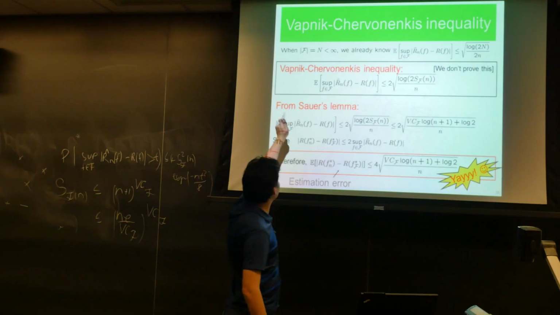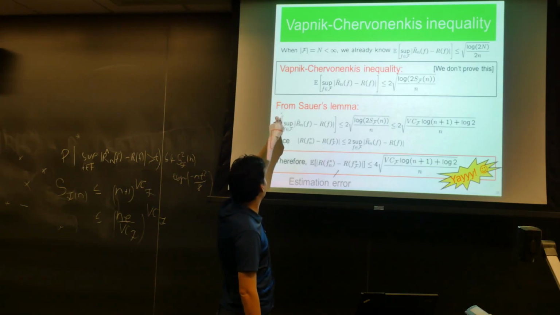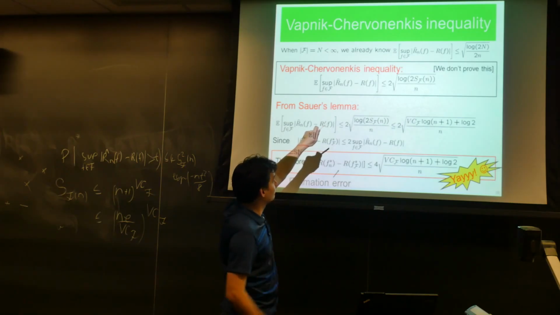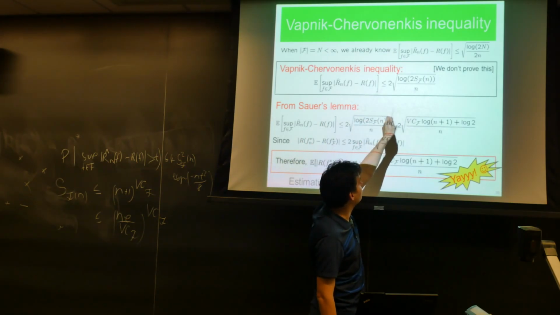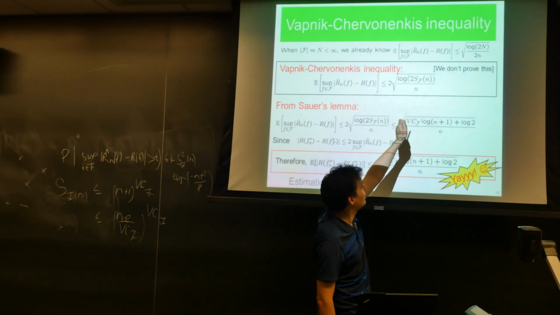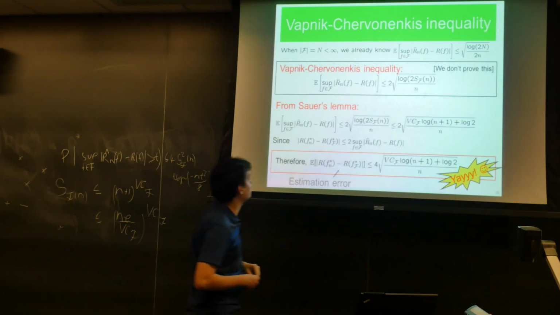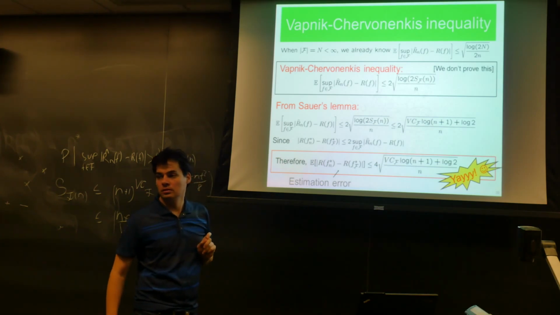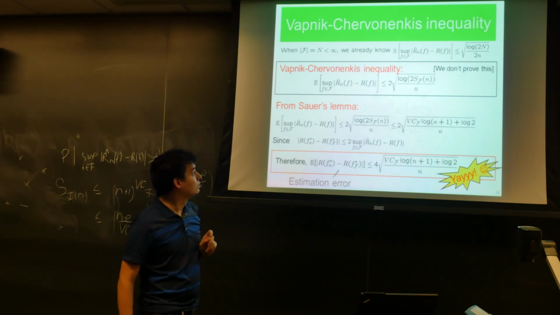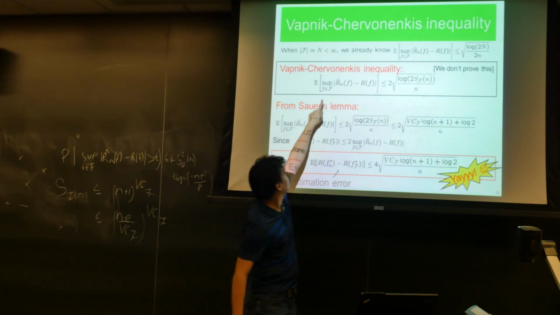So we already proved that if the function class F has N elements, then the expectation of this supremum we care about could be upper bounded with the square root of log 2N divided by 2n. This VC inequality, isn't it straight from the upper inequality? This one?